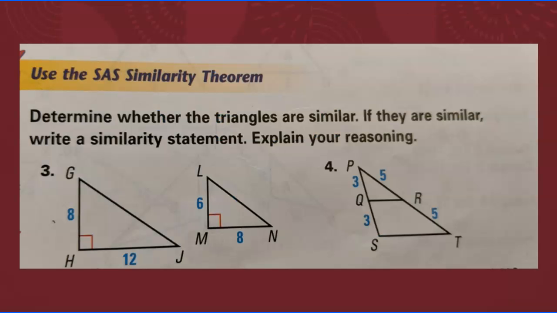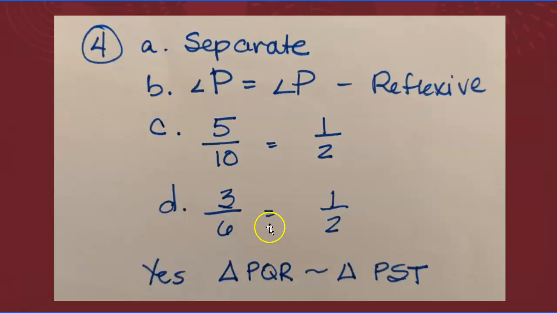So now what I want to do is figure out my side measurements of the big triangle and my side measurements of the little triangle. Now the big triangle, I have to put these together, the 5 and the 5. So my total's 10. And I have to put these together, my total's 6. And then I have 5 and 3. So now let's put that into my proportions here.